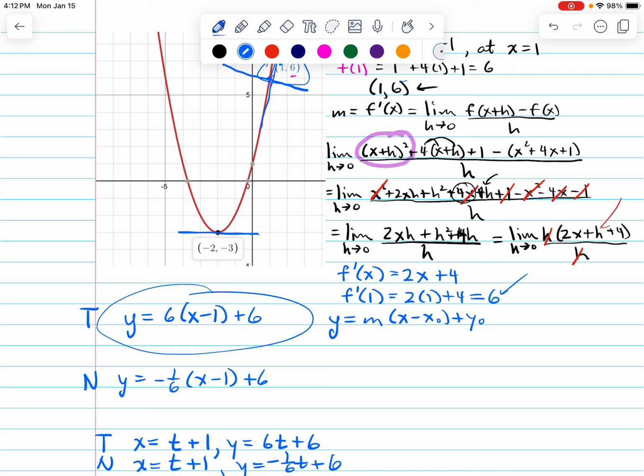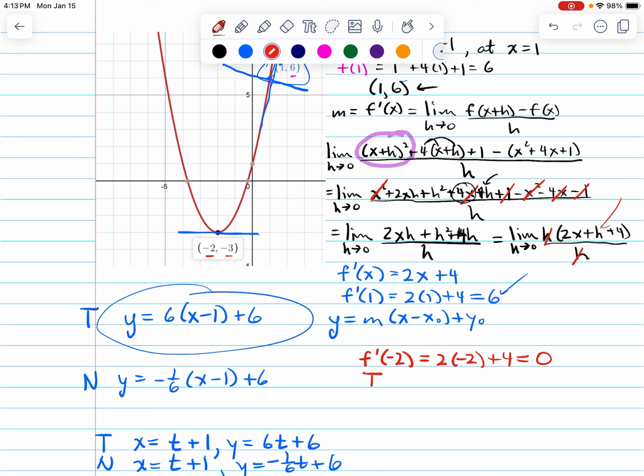Now, look at this. Remember, let me change colors here. If you find the derivative at -2, let's see what that is. If I plug in 2 times -2 plus 4, look at this. I get a 0 slope. And notice that the point here is -2, -3. So let's just write the equation for the tangent.